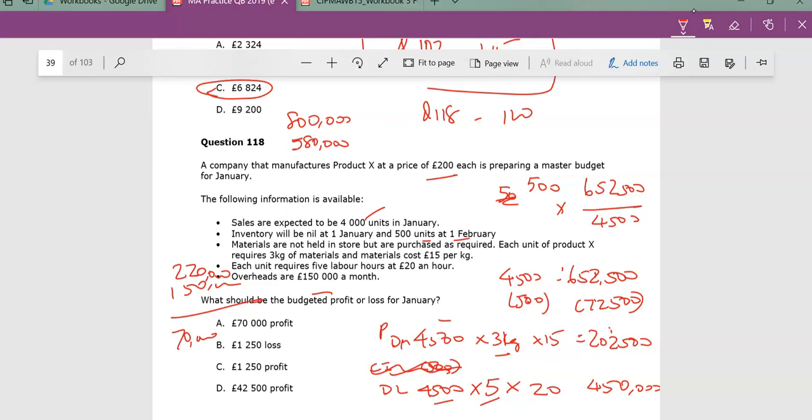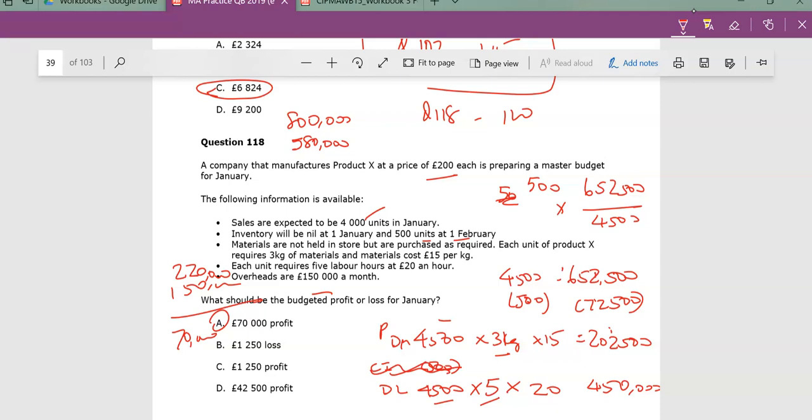So question 118 is A. Right, so just taking it step by step, I know what my selling is, 4,000. So that's 4,000 times 80.